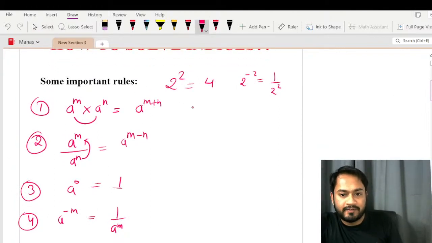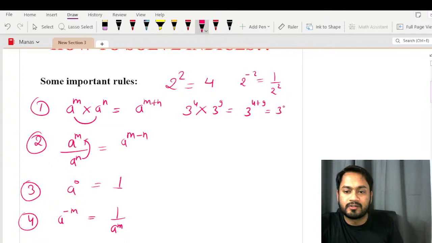Suppose I write 3 raised to power 4 multiplied with 3 raised to power 9. You can add the powers, so 4 plus 9. What will be the answer? You can write in the chat box. Although I will not be able to see your chat box because I am displaying my screen, so that is the problem.